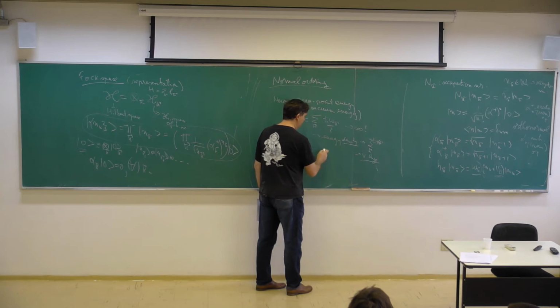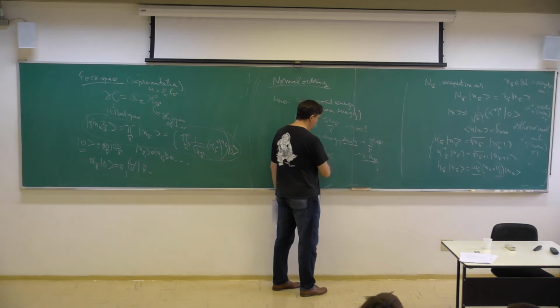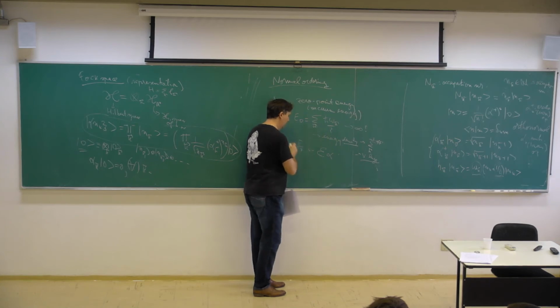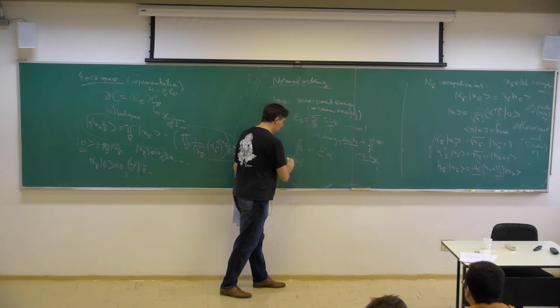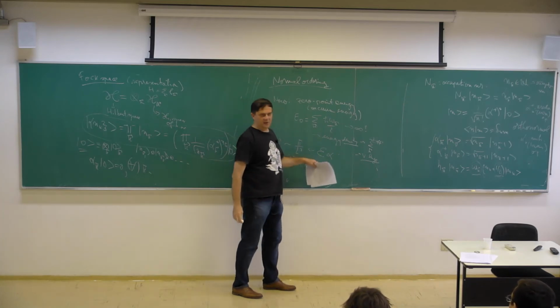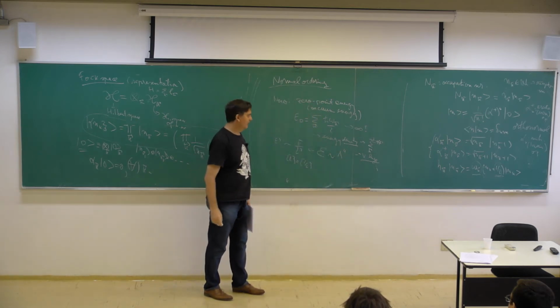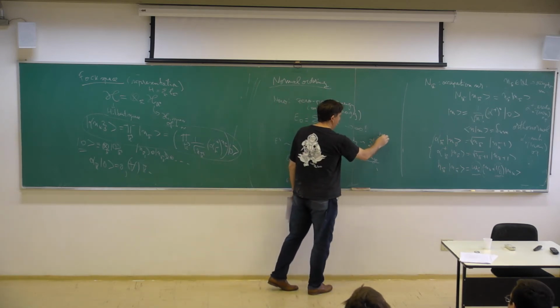By dimensional reasons, you can figure out that this has to be proportional to something. The energy density has dimension 4 because it's energy over distance cubed, but the units of energy are the same as the units of 1 over L. So this is the same as energy to the 4th. So by dimensional arguments, you can figure out that this has to be of the order of the cutoff to the 4th. The cutoff is what? M Planck.